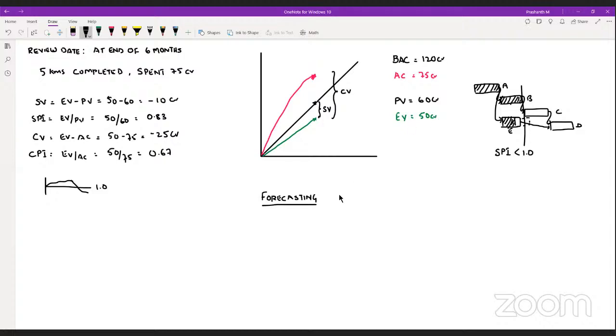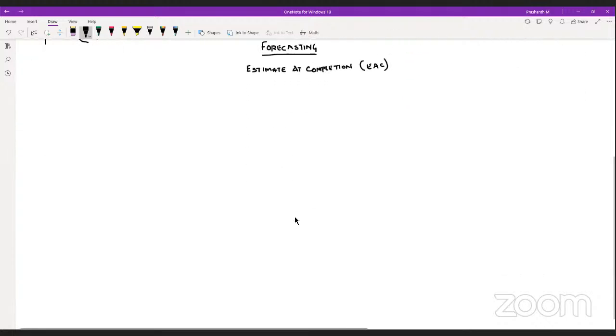So originally this is what you had planned, but now, because of the delay that has happened, what you are anticipating, we call it the estimate at completion, EAC. This estimate at completion is a forecasted value, where we are projecting that my overall budget is going to change, and that change is going to be somewhere like this. Make sense?